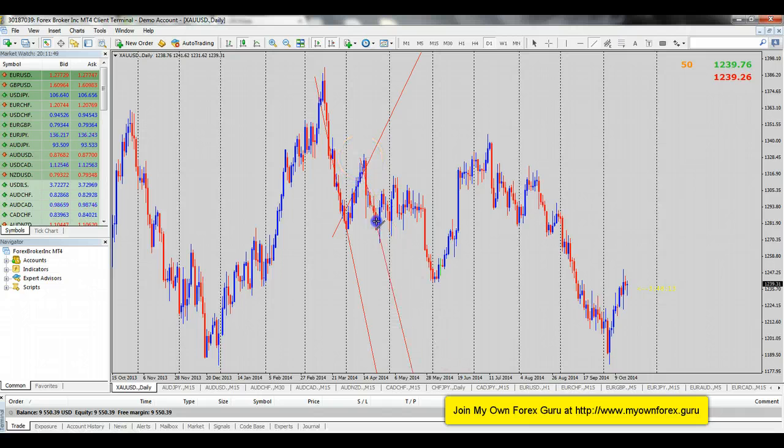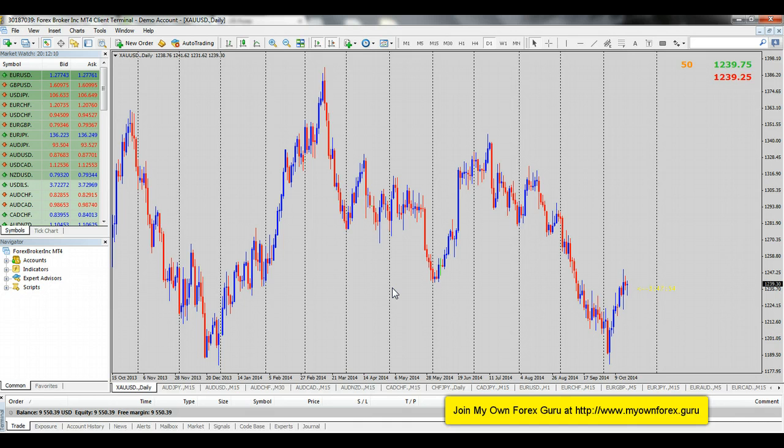And so you can sometimes use Fibonacci to figure out where is a good entry. And the most famous entries for Fibonacci is again 38.2, 50, and 61.8.